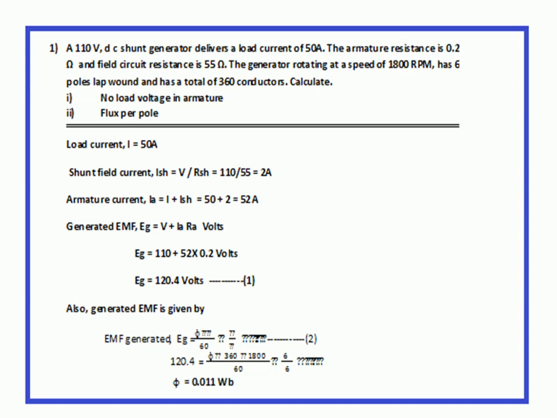This Eg is also equal to the EMF equation, phi Zn divided by 60 into P by A. You use that relation, substitute all the values, and you may calculate the flux phi. Depending upon the type of winding, you can select the number of parallel paths.